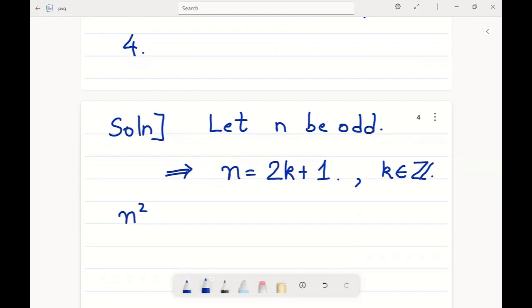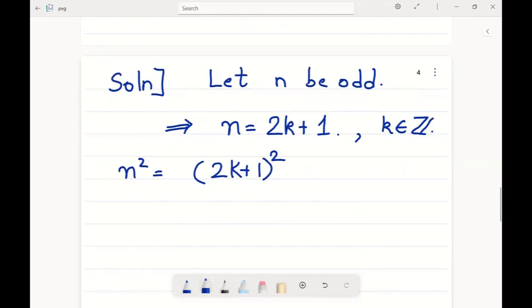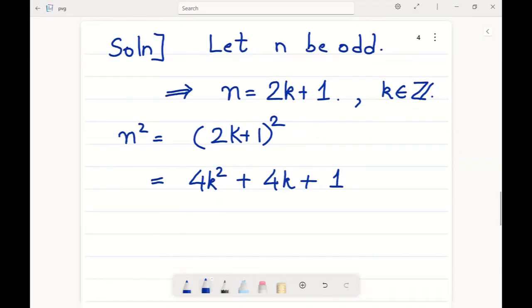So n square is 2k plus 1 the whole square, which is 4k square plus 4k plus 1. Therefore, what is n square minus 1? This plus 1, I'm going to shift on that side. So n square minus 1 will just be 4k square plus 4k.